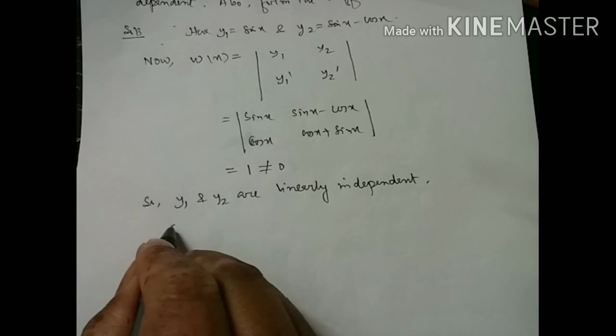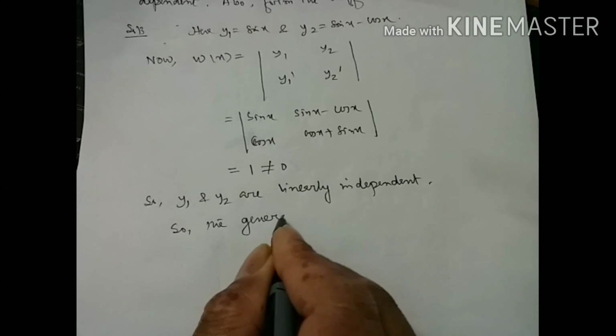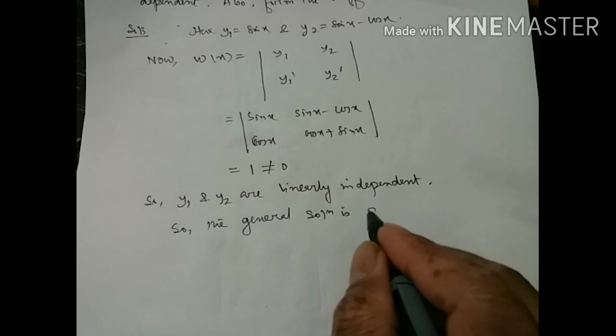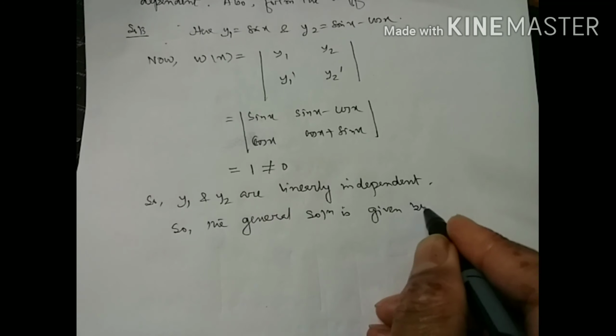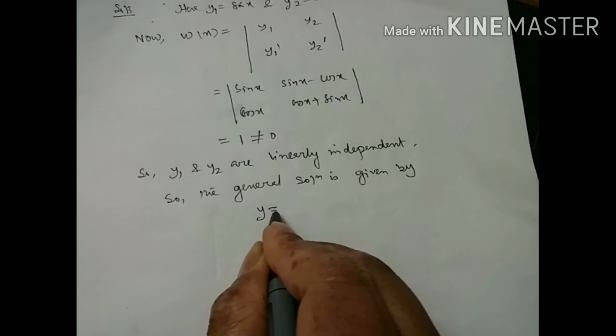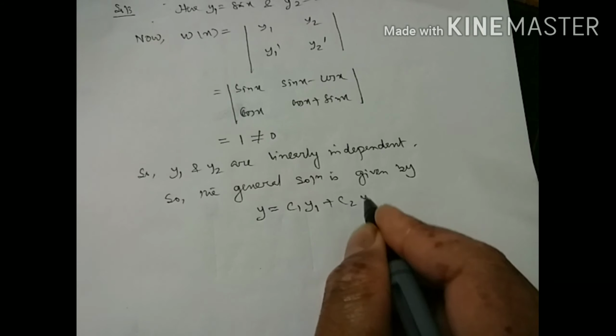So y1, y2 are linearly independent. So the general solution is given by, we have a theorem that the general solution is given by y equal to c1 first function plus c2 y2.